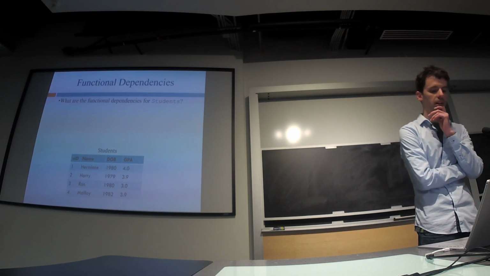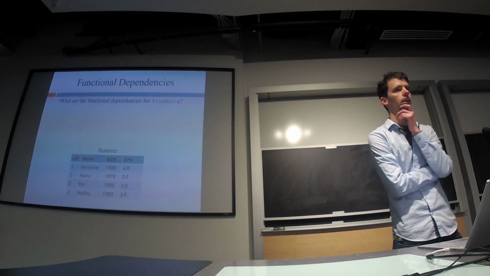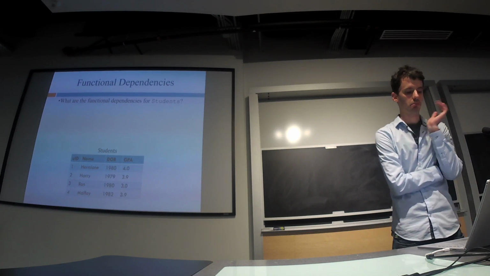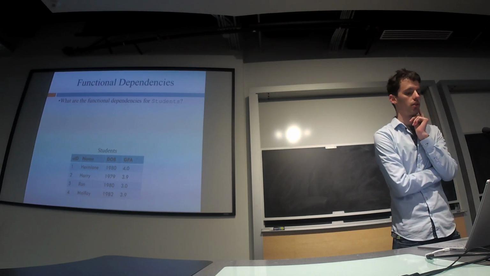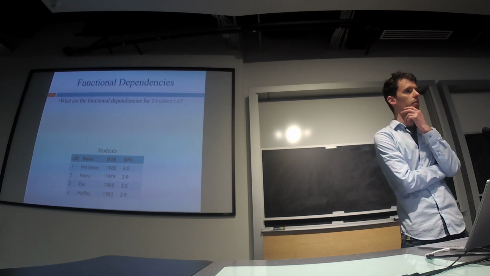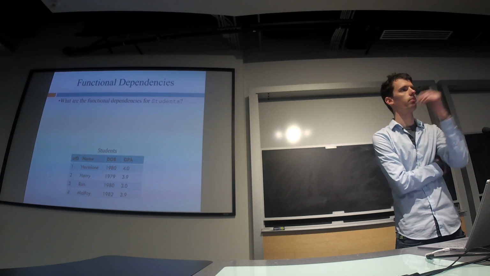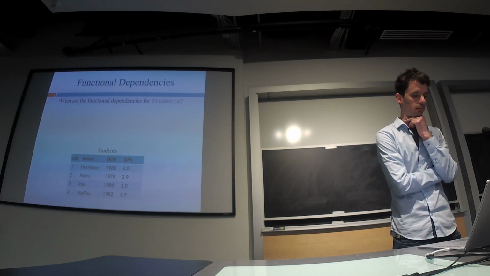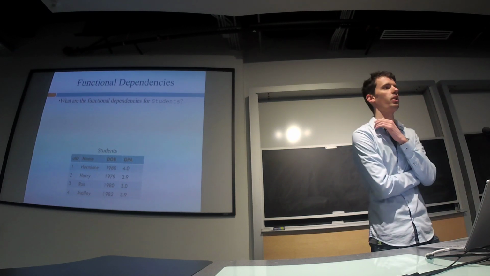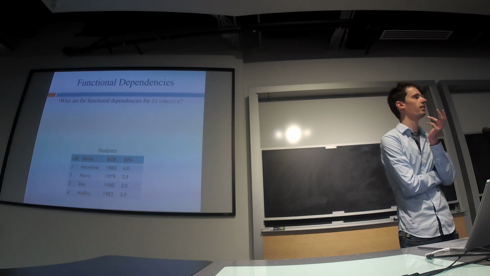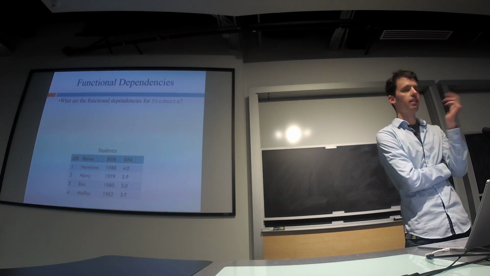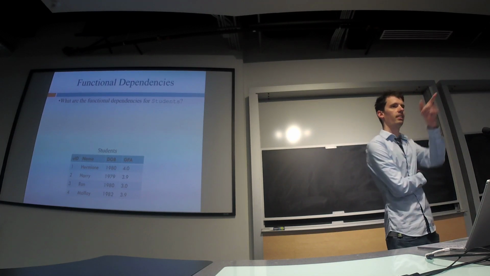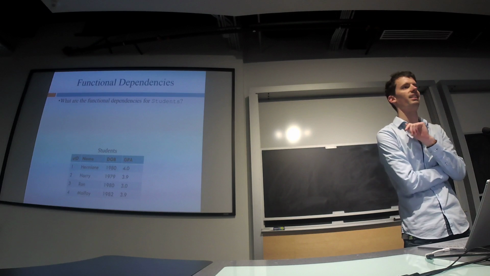What are the functional dependencies here? You know that UID is the primary key. So anyone, give me a functional dependency. Yep. So it should be UID to name, right? UID to name. Yep, there's one. Any others? UID to date of birth? UID to date of birth, yes. Everything depends on UID?